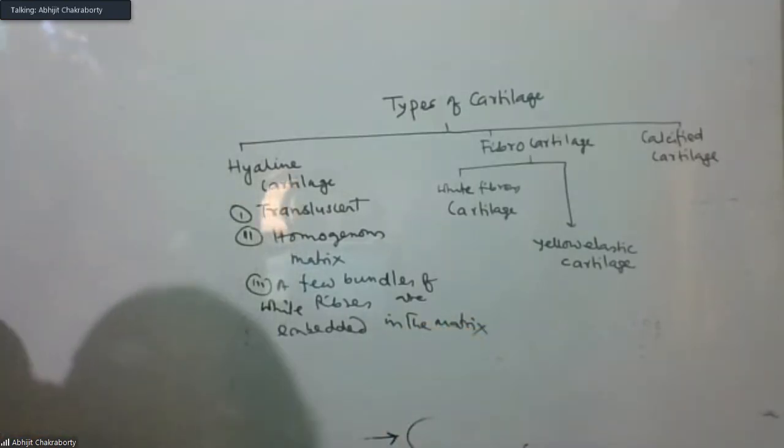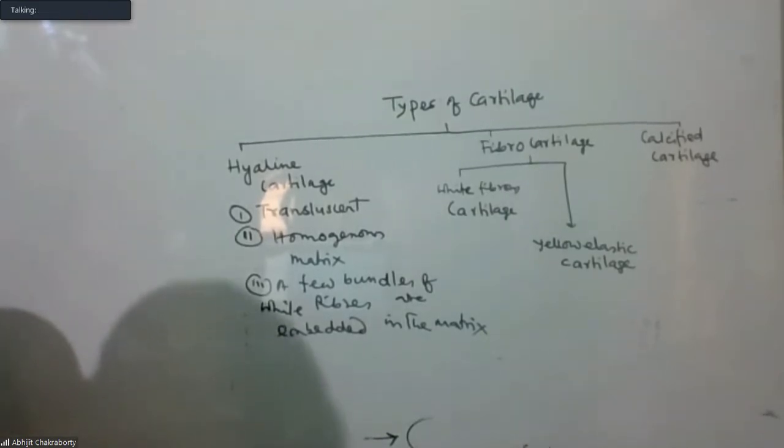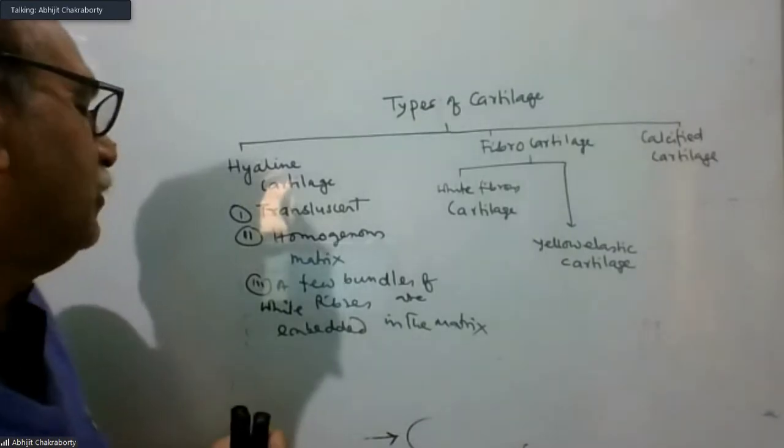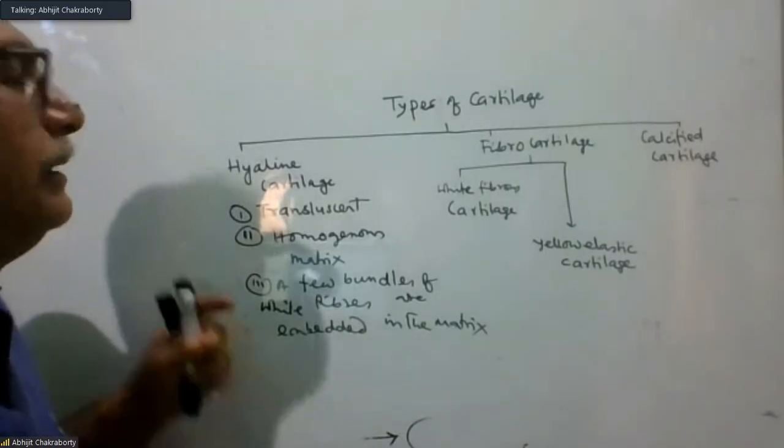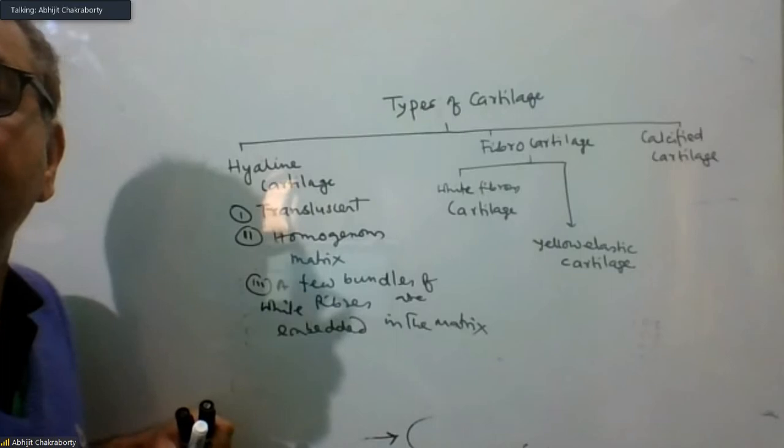So it is translucent type, homogeneous, and a few bundles of white fibers are embedded in the matrix. Then it is called hyaline cartilage.